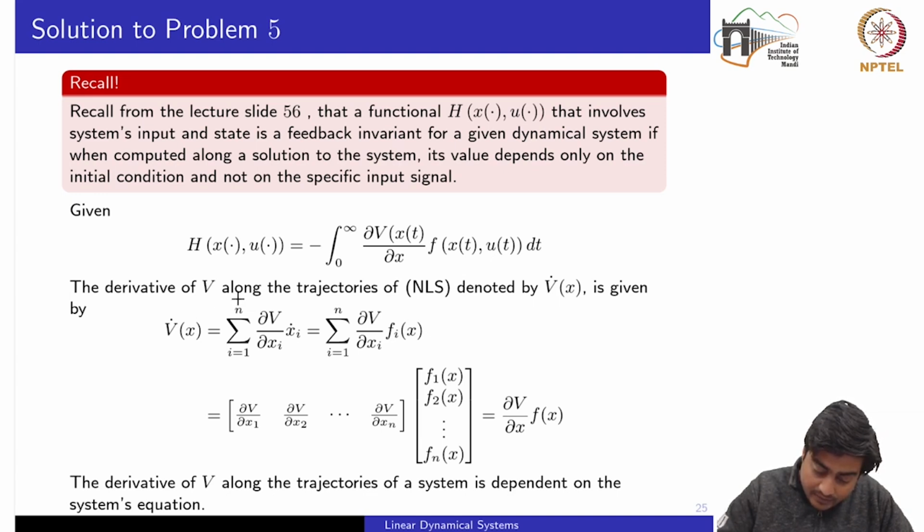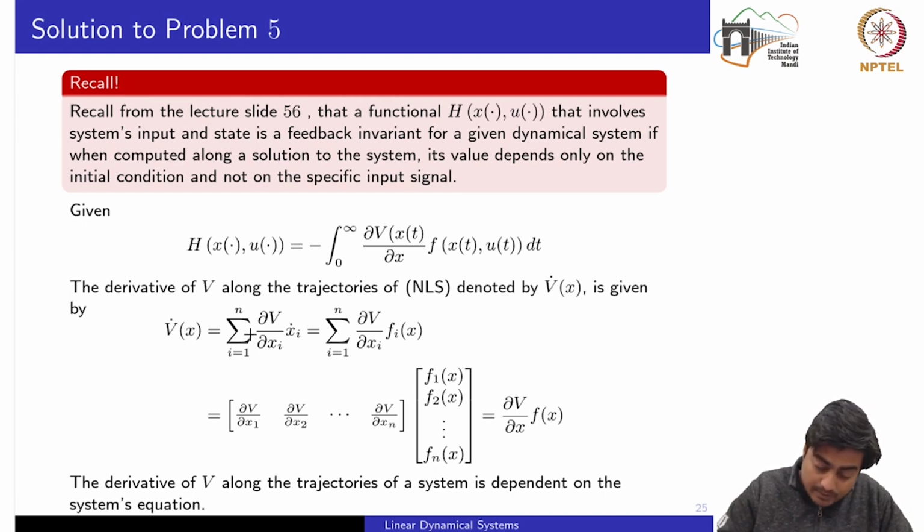If I compute the derivative of V along the trajectories of the nonlinear system, which we denote by V dot of x, then because V is a function which depends on x1 to xn, I need to compute its derivative with respect to each x, and since V is a function of x, it is multiplied by the derivative of x itself.